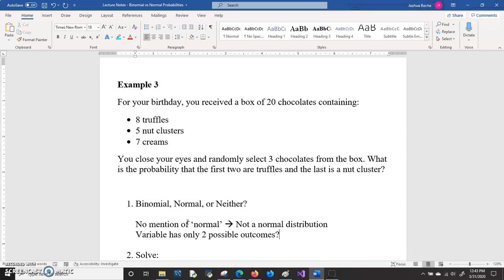The other thing we'll want to ask is does the variable have only 2 possible outcomes? And the answer is no. Every time you select a chocolate from the box, you could get a truffle or a nut cluster or a cream. That's 3 different outcomes.